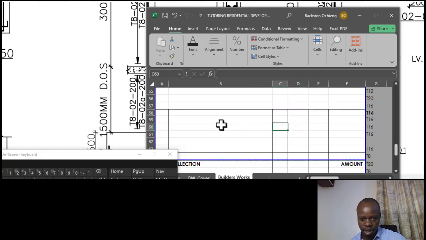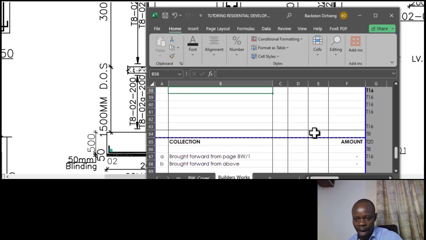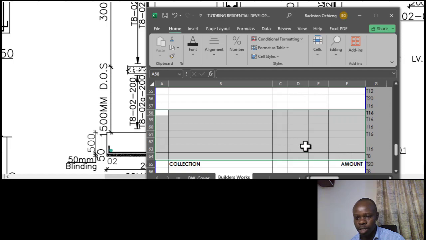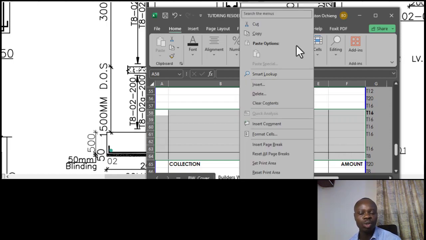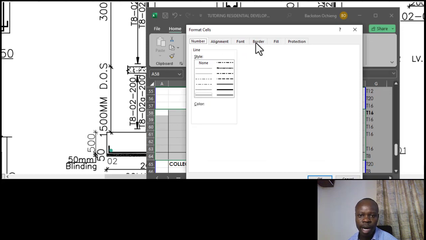So that I don't have to hide any other item on the other side and start the next bill on a fresh page as well, without having to skip a blank page. So I'll just format so that I do away with these borders on this page where I don't need them.